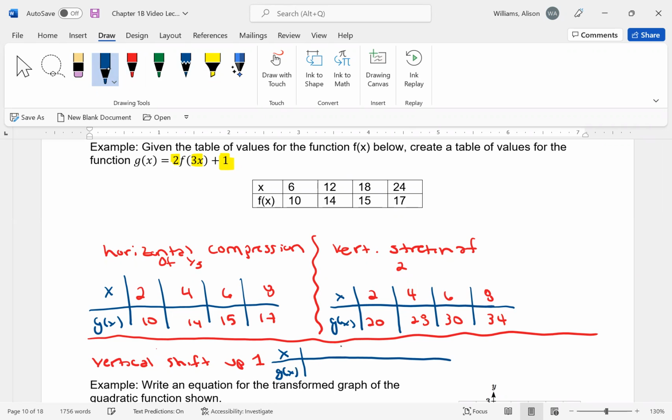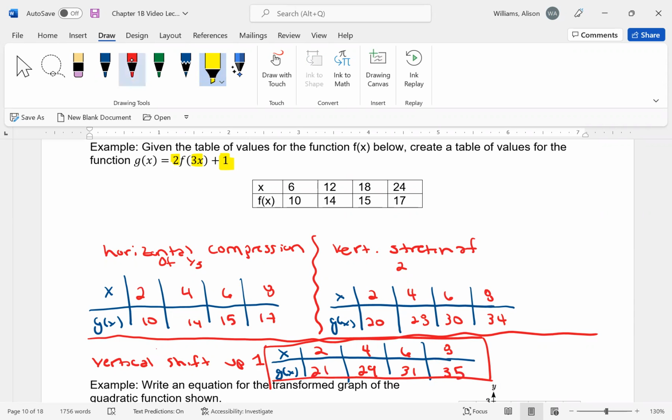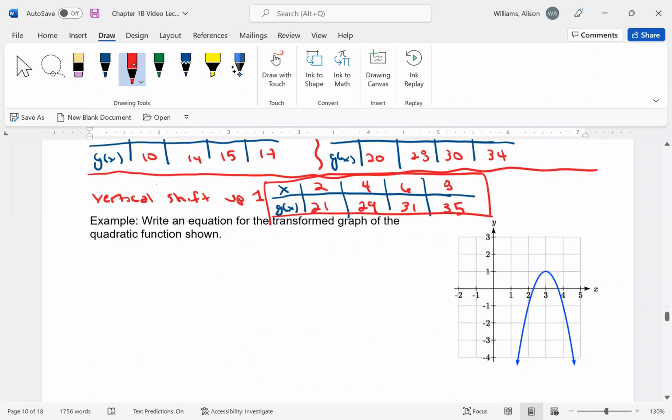So the input values are going to still be 2, 4, 6, 8. That's not going to change now once we did the first one. But the outputs are now going to be 1 higher. So 21, 29, 31, and 35. So this down here, that's the final answer when we have done the 3 shifts or transformations on our function there. Sorry to squeeze it in like that. Didn't plan it very well.